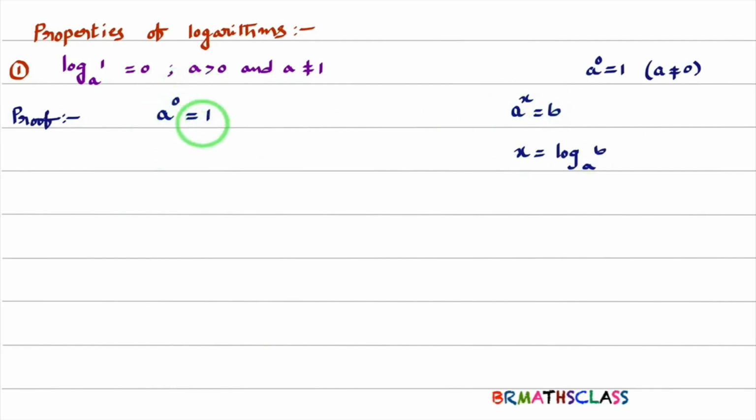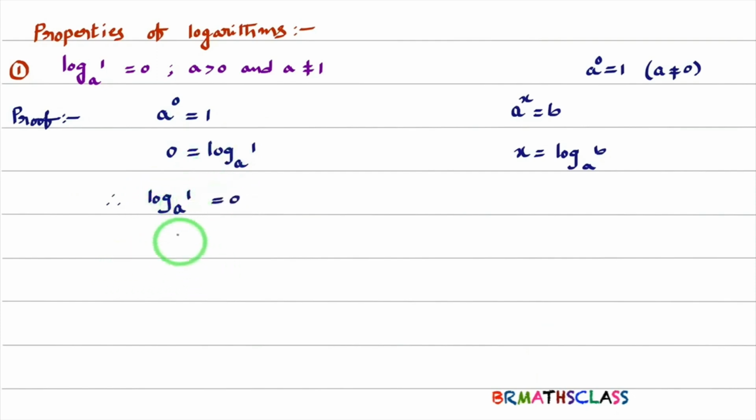Here it is in the form of a power x equal to b. So 0 is called the logarithm of 1 to the base a. Simply we write 0 equal to log 1 base a. I hope you got the point. Therefore, we proved that log 1 base a is 0.